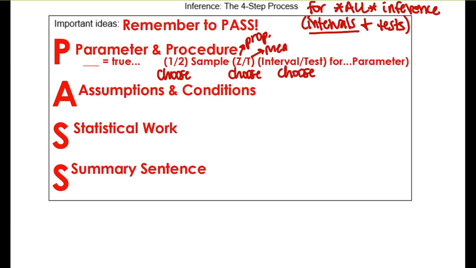We haven't learned means yet, so that's not relevant to you. And then for our statistical work, remember, I want you to 1, write the formula, 2, fill in the formula, and 3, calculate.